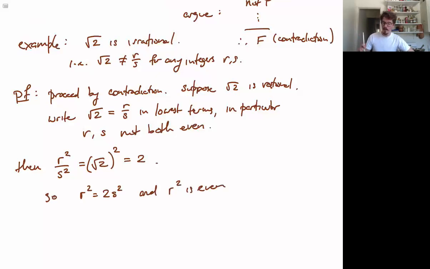If you remember the thing we proved just before this, we can conclude that r is even. So r squared is twice s squared, so it's an even number, so r is an even number.